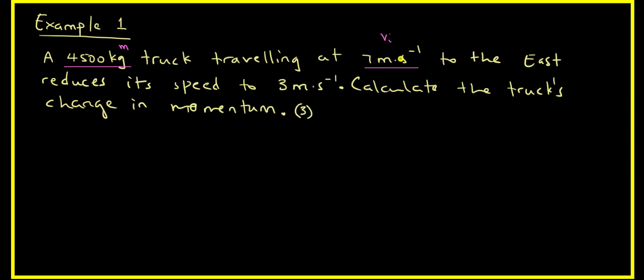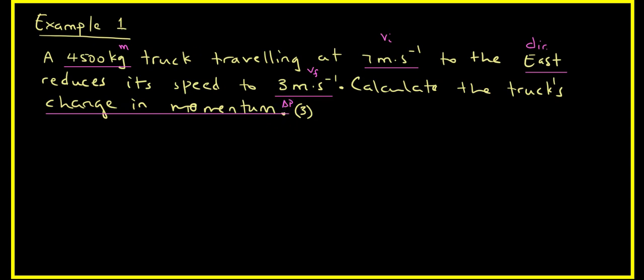Initially it's traveling at 7 meters per second to the east, which is our direction here. It reduces its speed to 3 meters per second, so that's the final velocity, and obviously it's in the same direction, also to the east. So what we want to find is delta P.